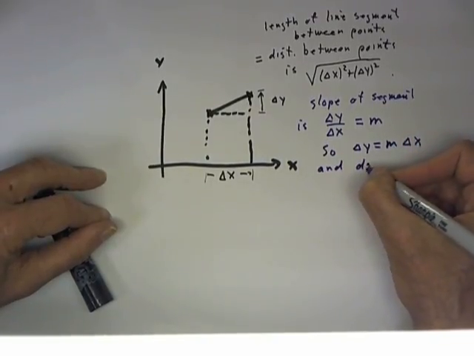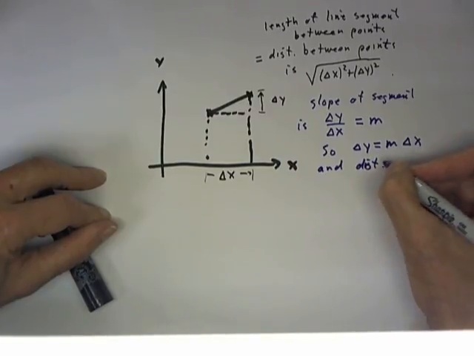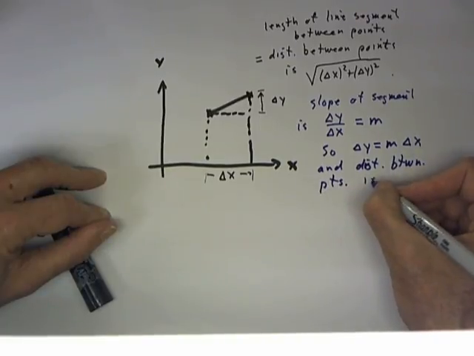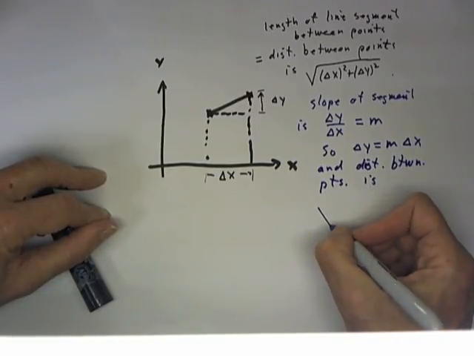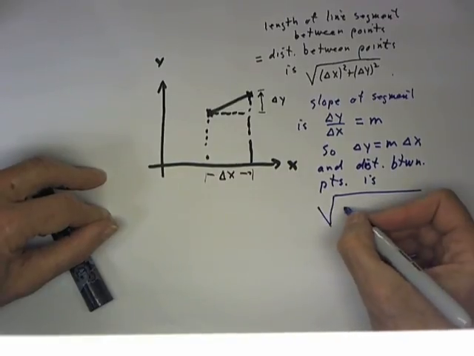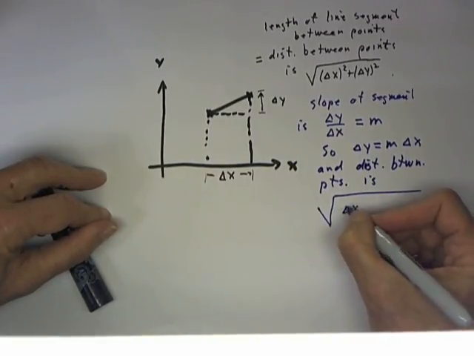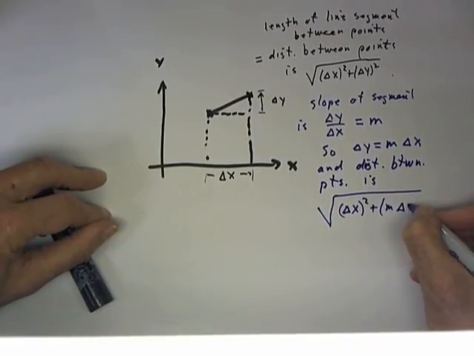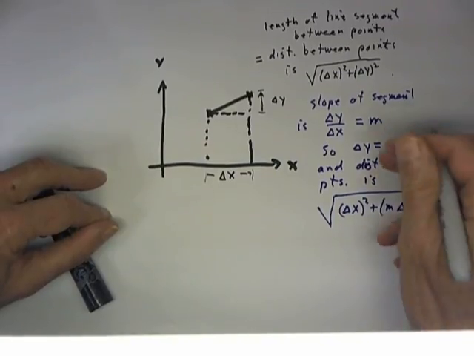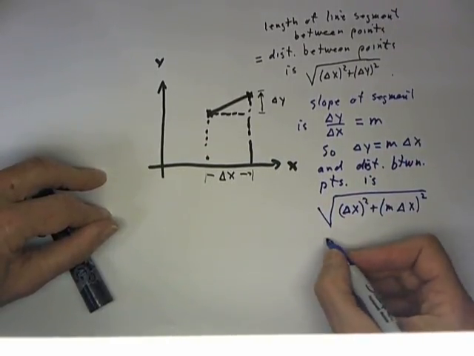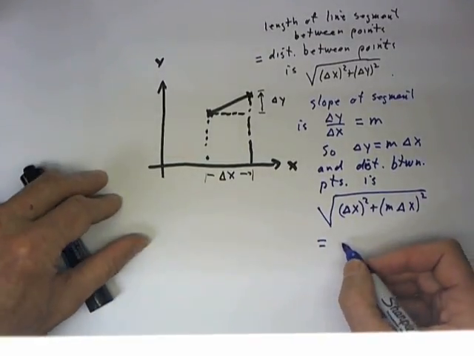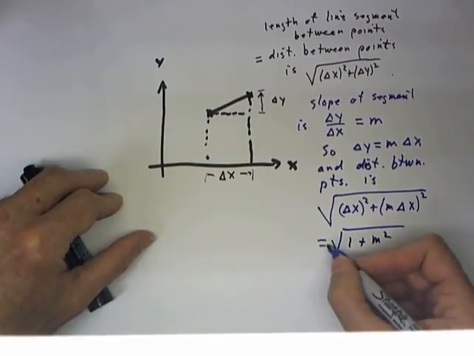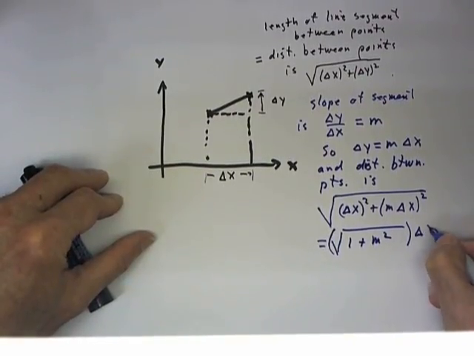and the distance between the points is the square root of delta x squared plus m delta x squared, delta y being m delta x, which simplifies to the square root of 1 plus m squared multiplied by delta x.